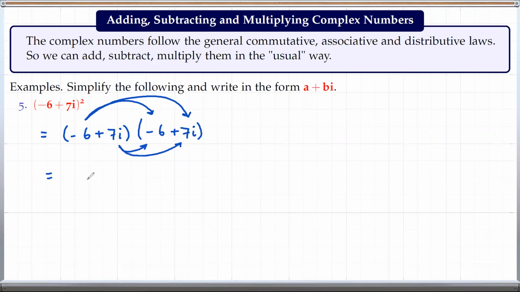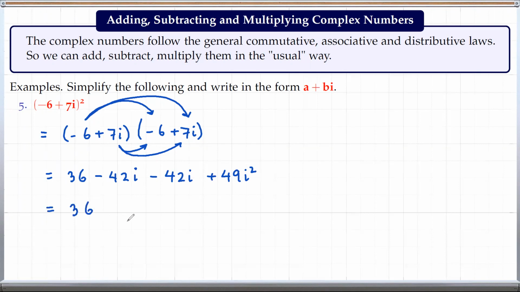So negative 6 times negative 6 is positive 36. Negative 6 times 7i is negative 42i. 7i times negative 6 is negative 42i again. 7i times 7i is 49i squared because 7 times 7 is 49, and i times i is i squared.